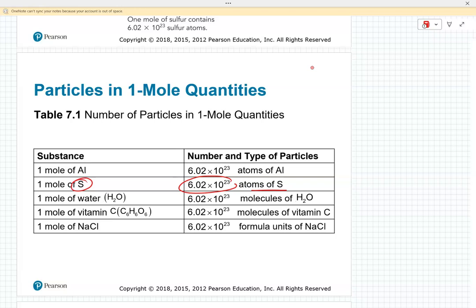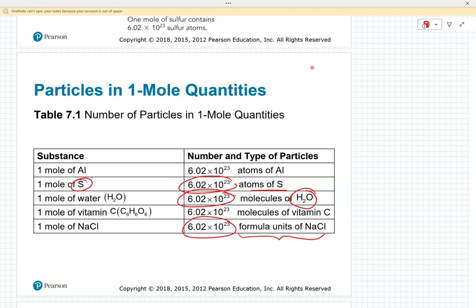When we say that there's 1 mole of sodium chloride, though, we use the term formula units. So I'm going to check your understanding. When we say that we have 1 mole of molecules of water, we can say that, right?